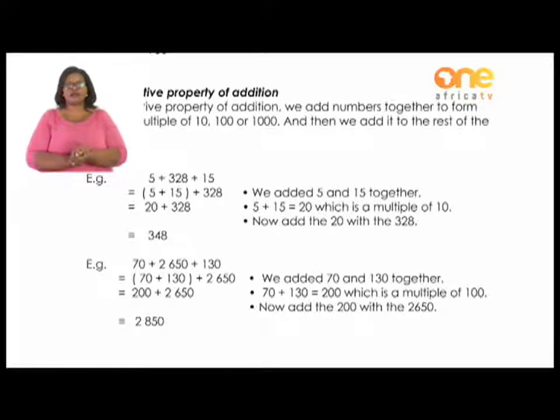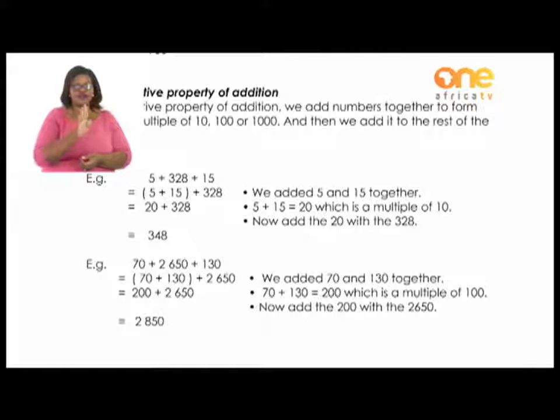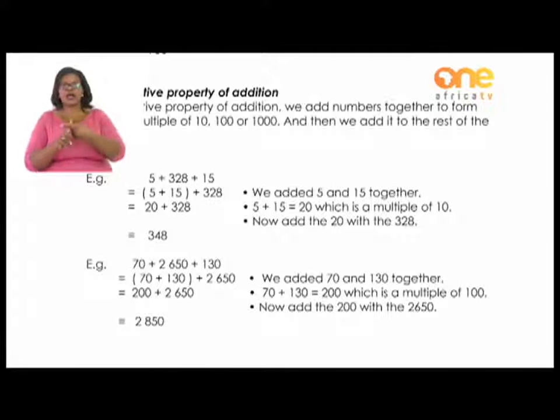So here I will group the 5 and the 15 together. We put 5 and 15 in brackets plus 328. 5 plus 15 gives me 20, and 20 is a multiple of 10. And then we say 20 plus 328, and when I add it together, that will give me 348.